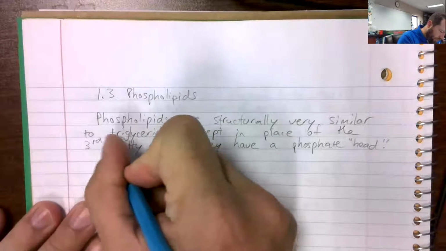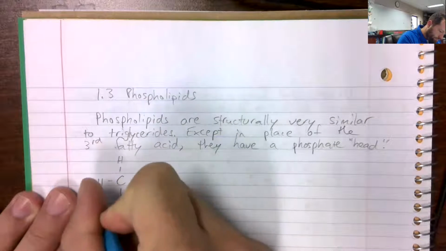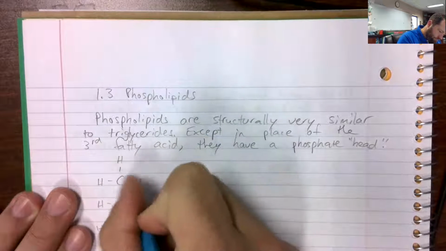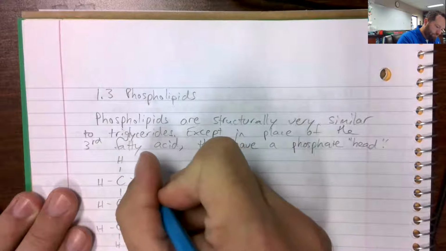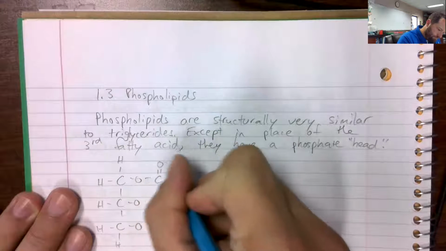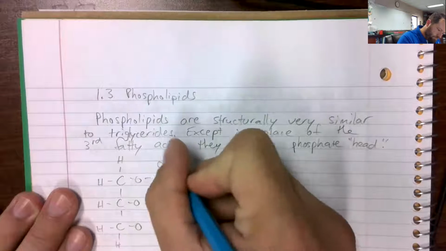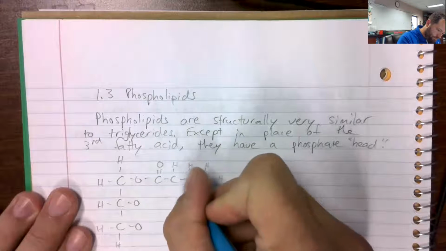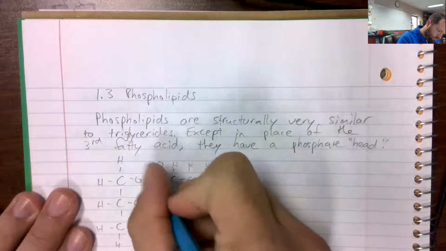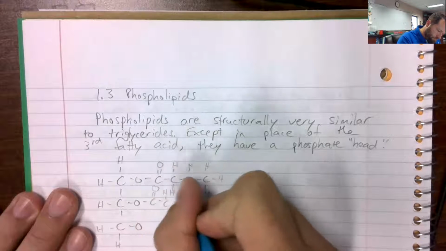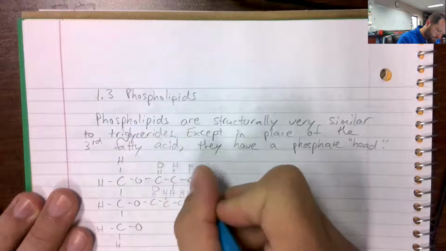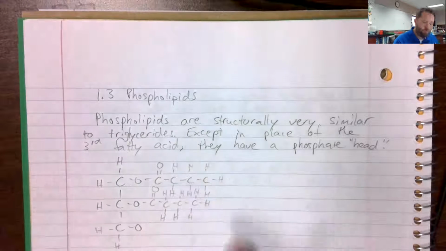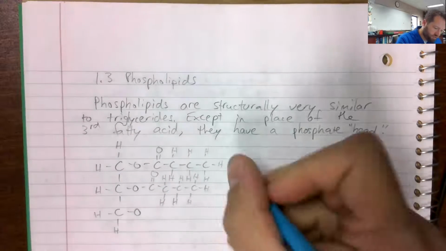So let's take a look at what a phospholipid looks like. So here are two fatty acid tails.